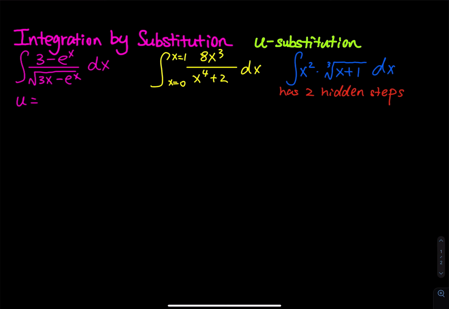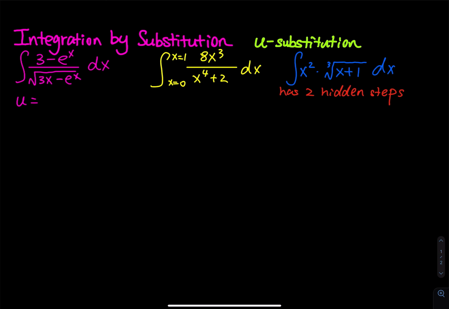In the next problem, I will just let u equal x to the 4 plus 2. And in the last problem, I will just let u equal x plus 1. So it is usually something in the denominator or something inside a parenthesis. Let's say you have a composition function, you usually let the u be the inner function. So this one, I will just let u equal 3x minus e to the x.